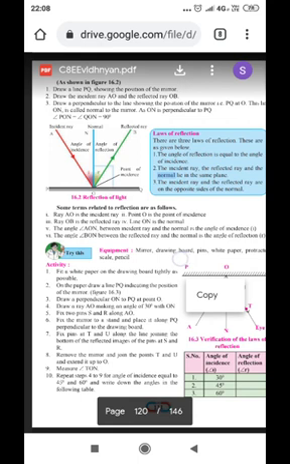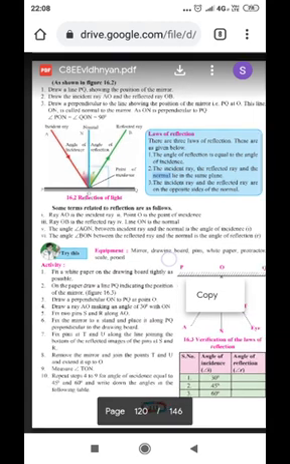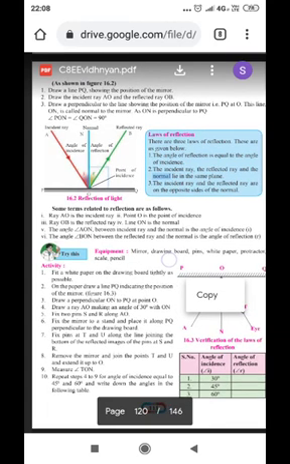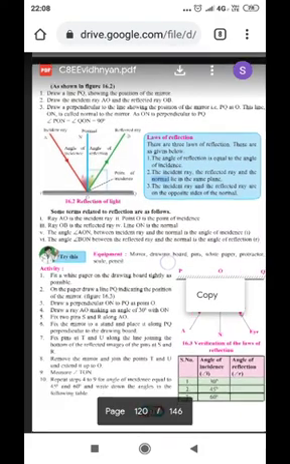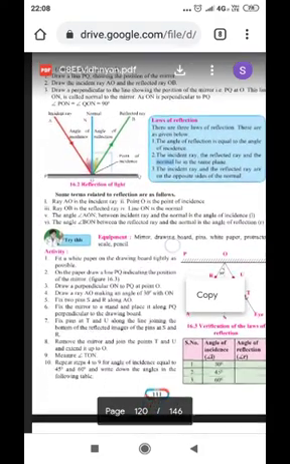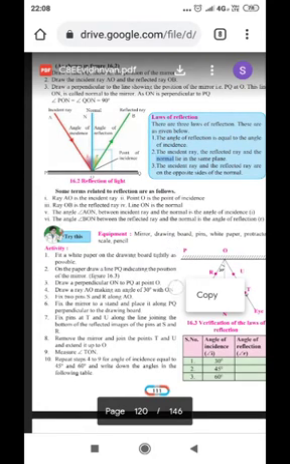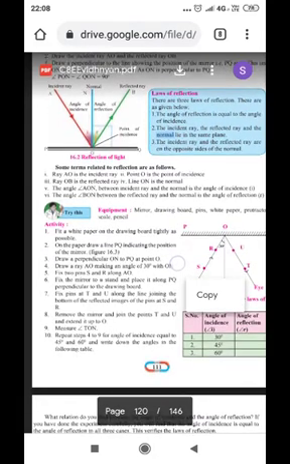Draw an incident ray AO and the reflected ray OB. Draw a perpendicular to the line PQ at O. This line ON is called the normal to the mirror, as ON is perpendicular to PQ.